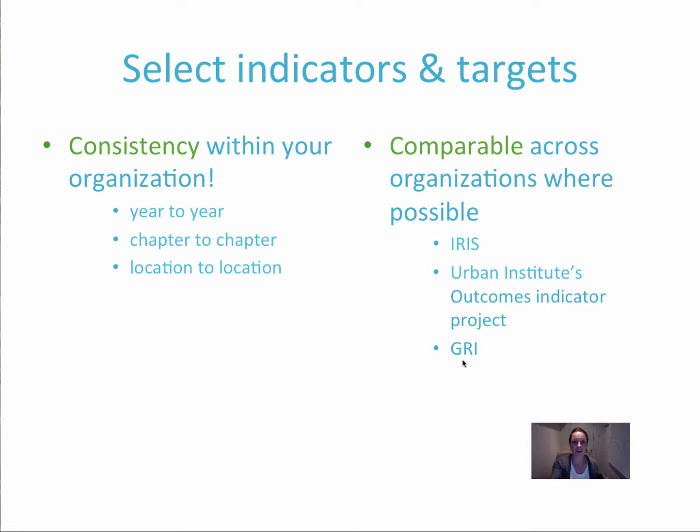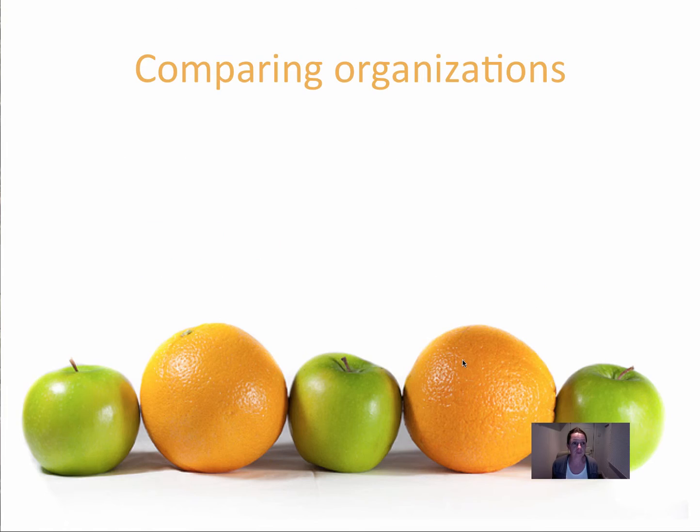Whereas the Urban Institute tends to be really well suited to human service organizations or education, the businesses that typically come to mind when you think charity. And IRIS is designed around impact investing, so it kind of straddles both worlds. You can check those out and try and borrow your indicators from there, and then you've got indicators that are quite comparable with other organizations that are using them.